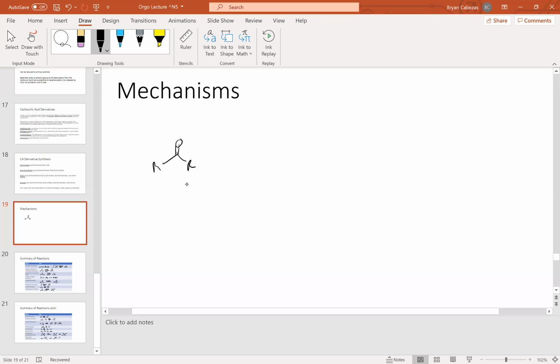Remember what we discussed earlier today, that the carbonyl carbon of our ketone or aldehyde is electrophilic. So we're going to take advantage of that and attack our electrophilic carbon with the alcohol group to make either our acetal or our hemiacetal.